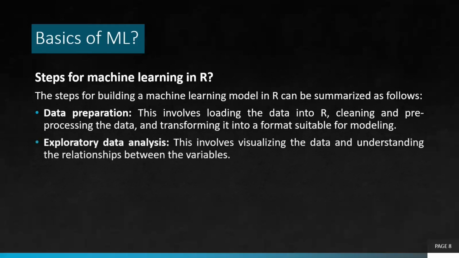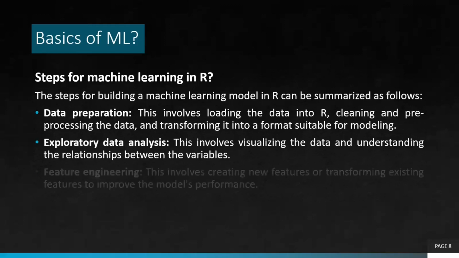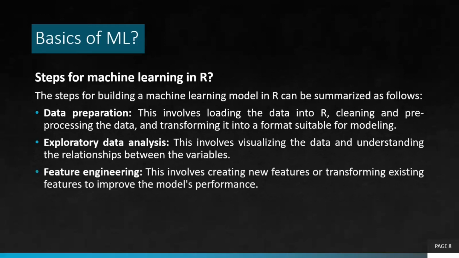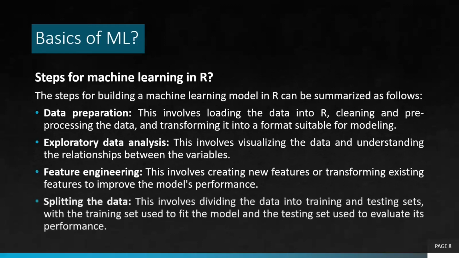Then we have exploratory data analysis. This involves visualizing the data and understanding the relationships between the variables. Then we have feature engineering. This involves creating new features or transforming existing features to improve the model's performance.